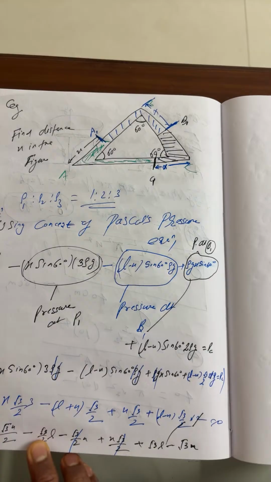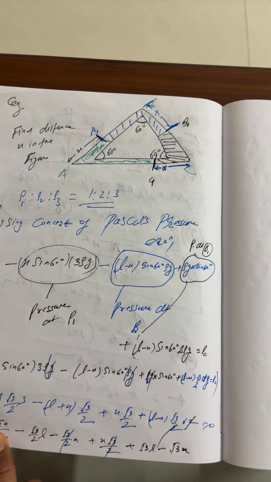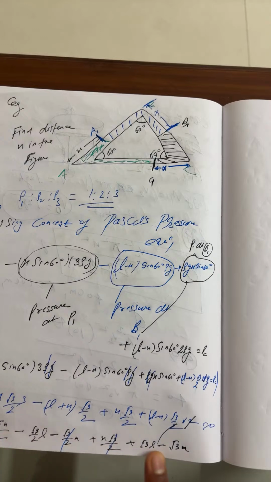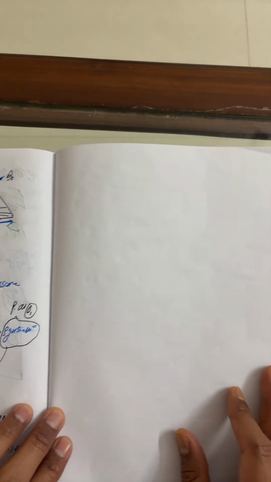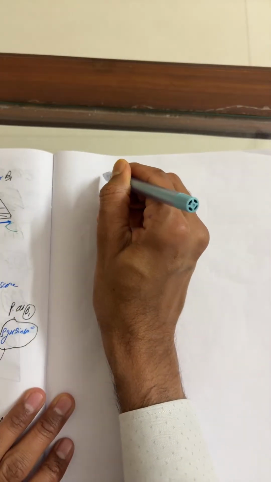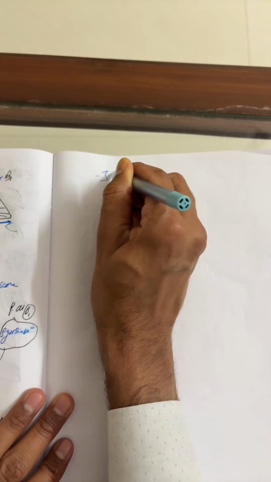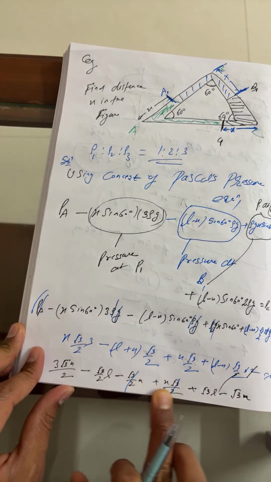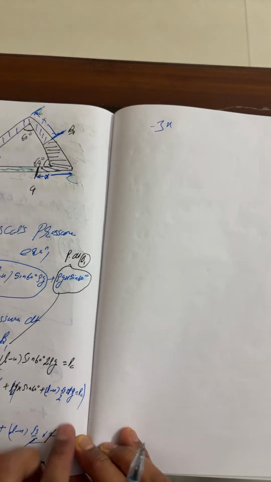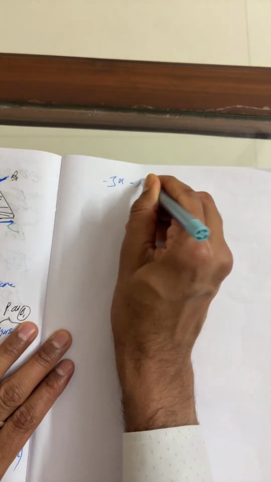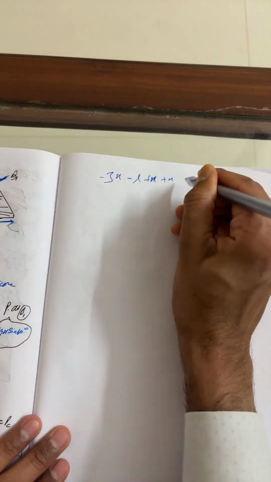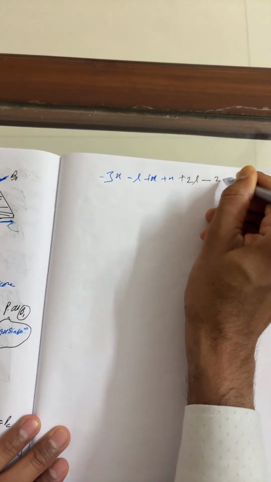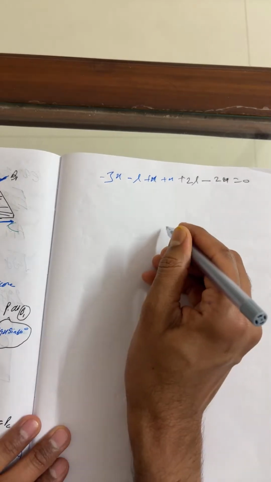This is minus 3x root 3 by 2, and everywhere root 3 cancels. So for this condition, root 3 cancels everywhere, so simply minus root 3 x, so 3x only, minus L plus x, plus 12 minus 2x is equal to 0.